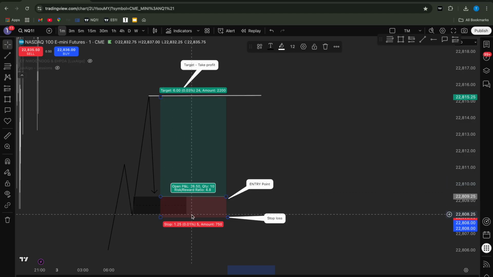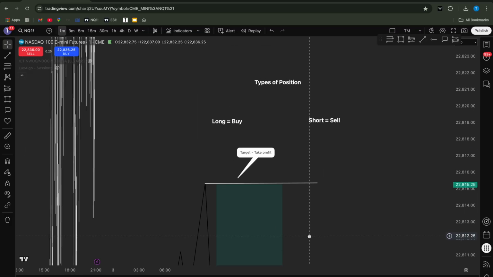If price goes against you in the market and hits your stop loss, you automatically get taken out of the trade. It's very important to set a take profit and a stop loss. You shouldn't be trading without them. You should always be setting these two.